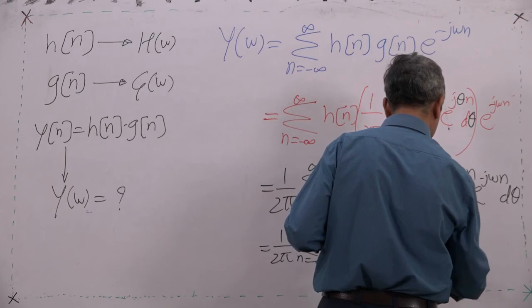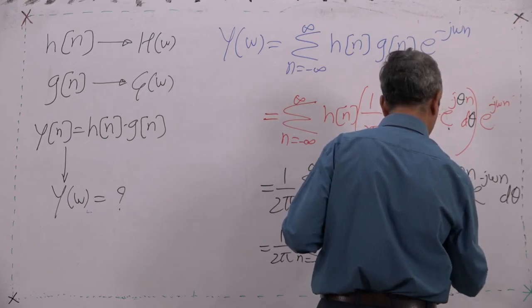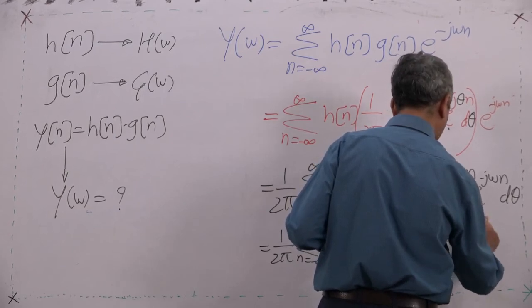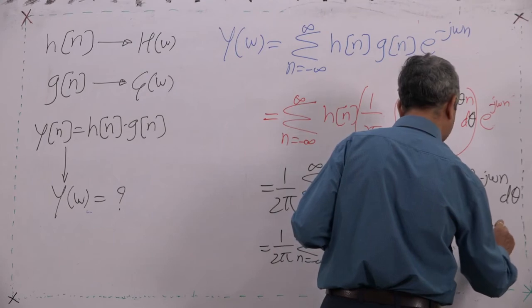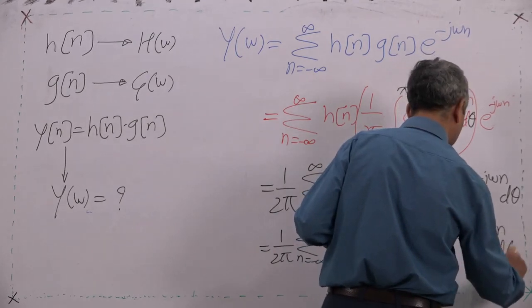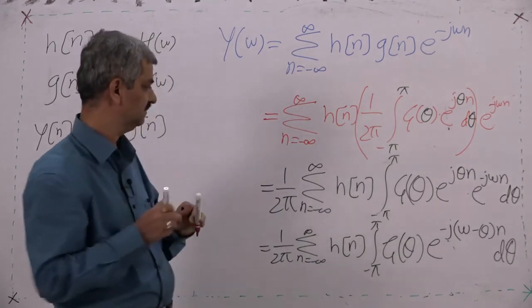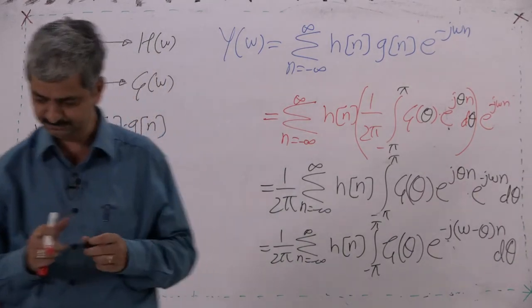this is e raised to minus j into bracket omega minus theta n, d theta.